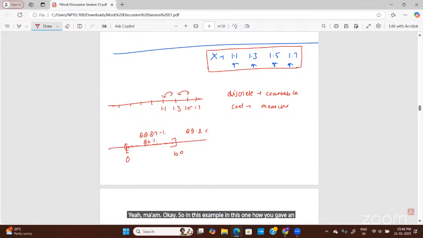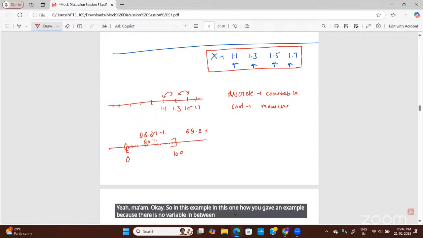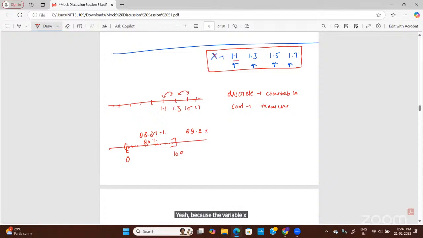There is no observation in between, and that is the logic for discrete, because the variable x is taking only these four values and nothing else.